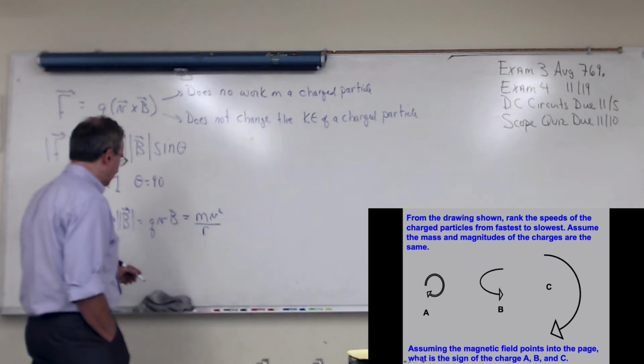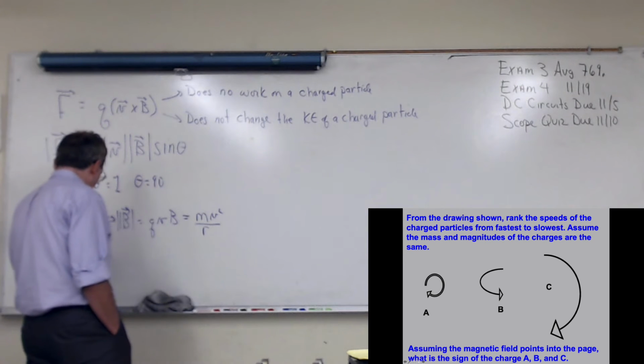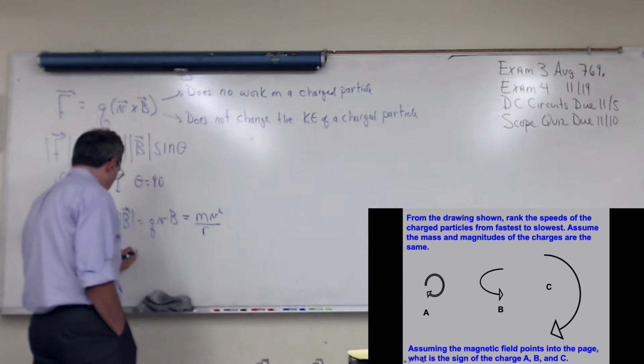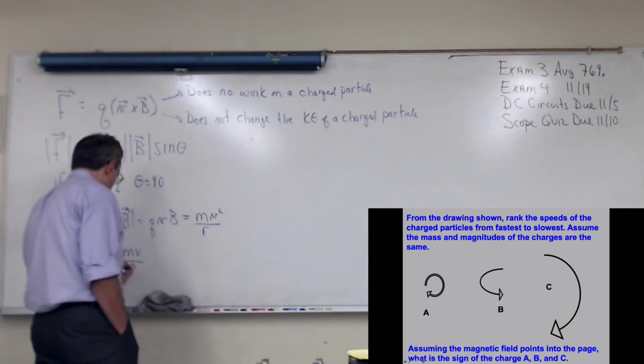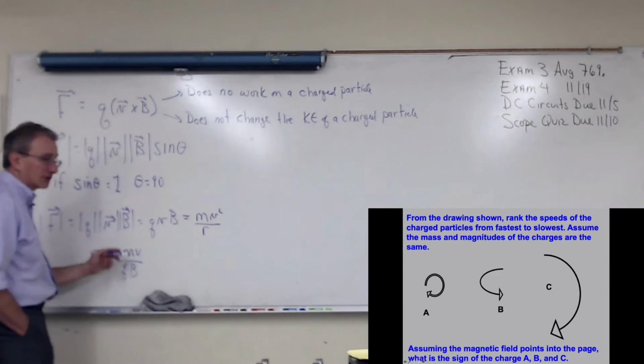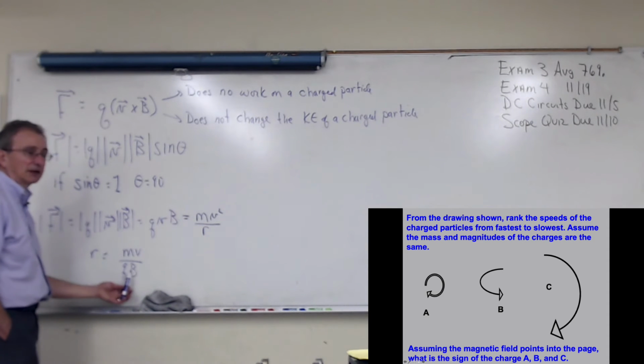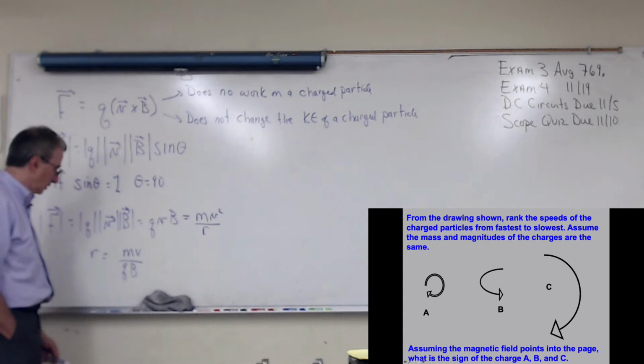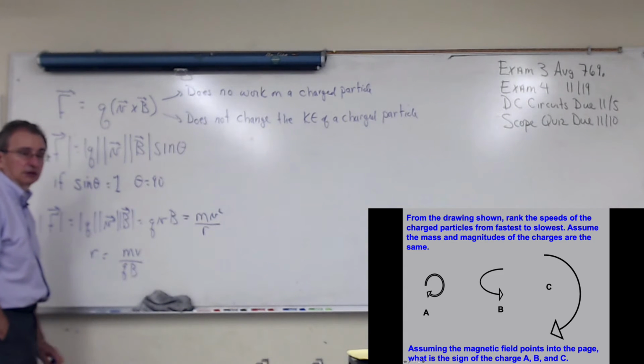And so if we solve this for R, we did this the other day, we have this equation, mv is the momentum. So you can use a magnetic field to select the momentum per unit charge of a particle.